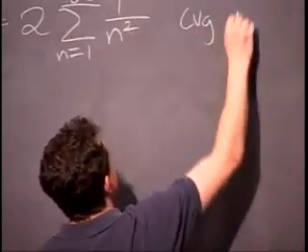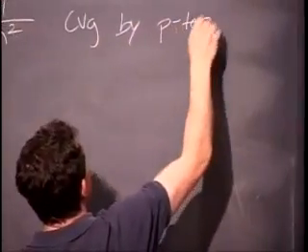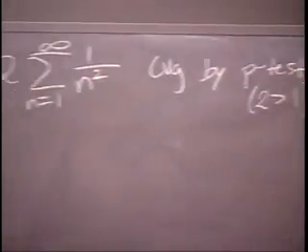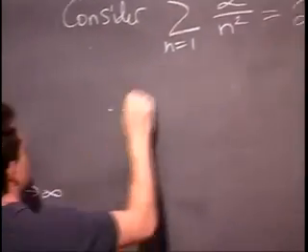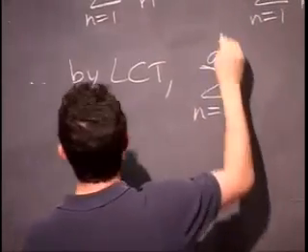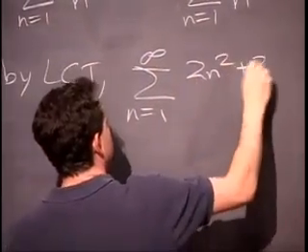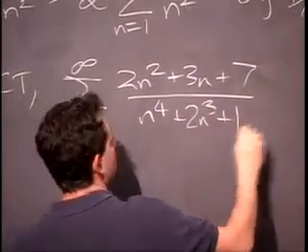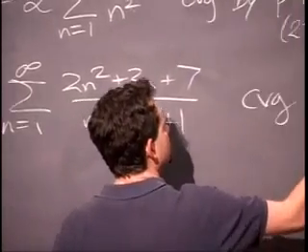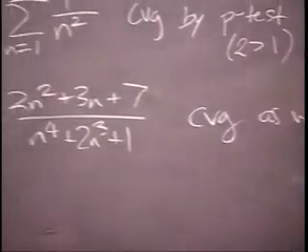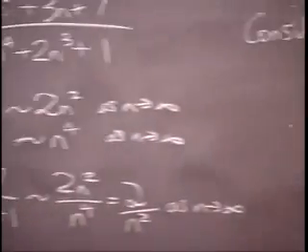After all, 2 is bigger than 1. Therefore, by the limit comparison test, the original series converges as well. That's the whole solution, although, as I say, I would like to see a couple of limits to justify those two, and then this one will follow.